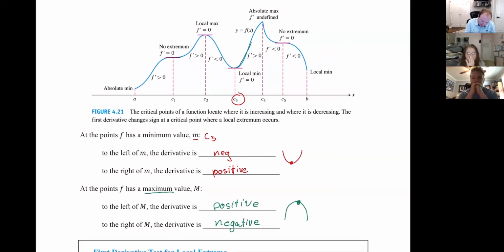We were increasing to decreasing right here at C4. It also occurs right here at C2. So C2 and C4 are the two portions of our original function where it is switching from positive to negative, aka the derivative is switching from positive to negative, from increasing to decreasing.